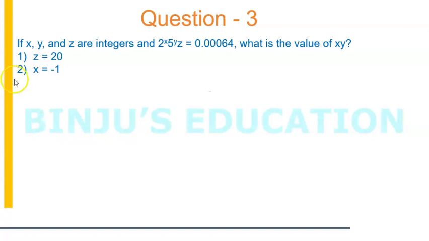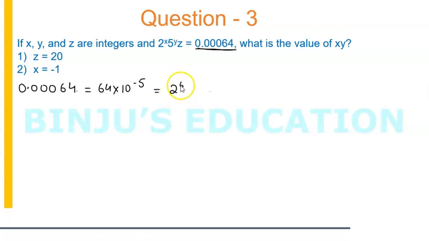Okay, so first of all, I'm going to simplify this right hand side for me. I'm not really comfortable with 0.000 and then 64. So this is 0.00064, which I can also rewrite as 64 into 10 to the power minus 5. Now 64 is nothing but 2 to the power 6, right?